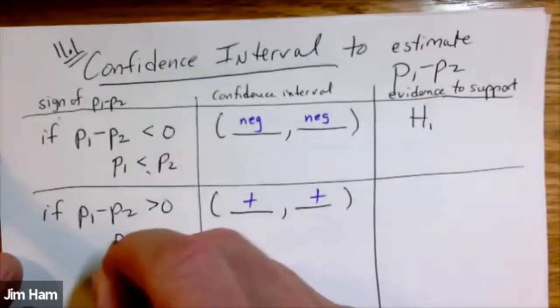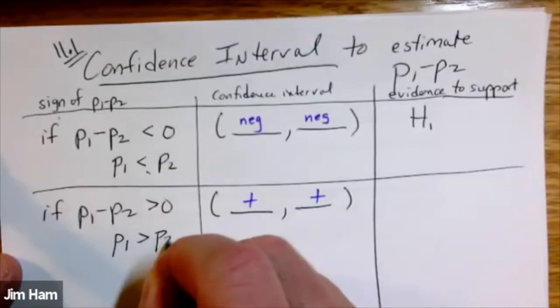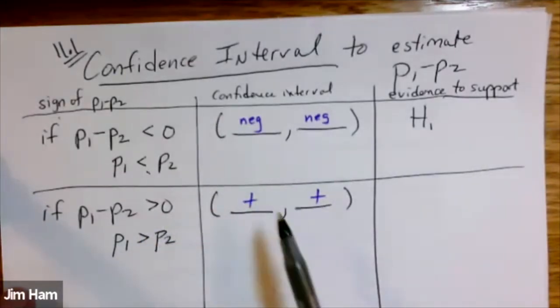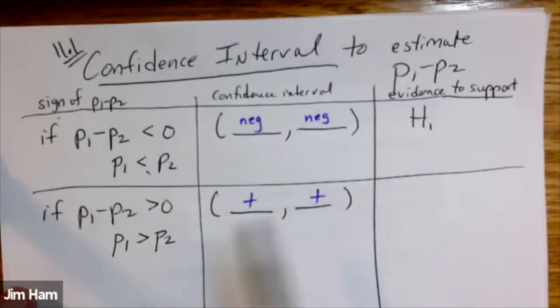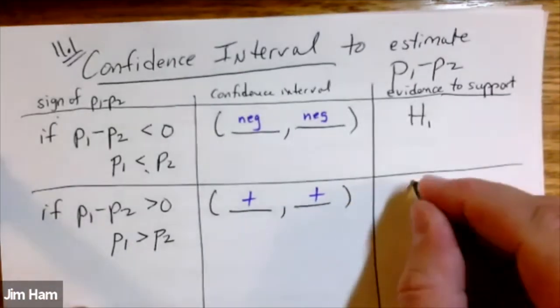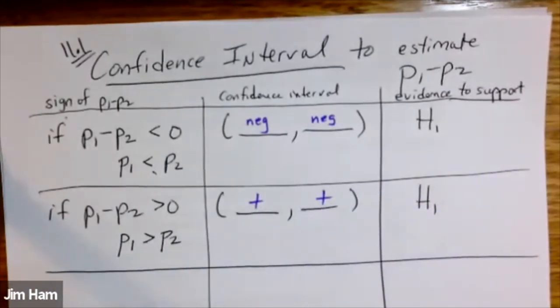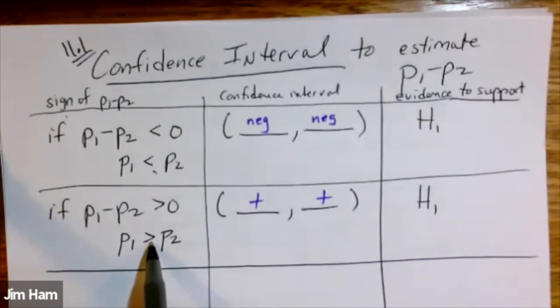And then if you add P2 to both sides, you get P1 is greater than P2. So if you see a positive confidence interval, that means that P1 is larger than P2. That also gives us evidence to support the alternative hypothesis. Because greater than, the only place you're going to see greater than is in the alternative.